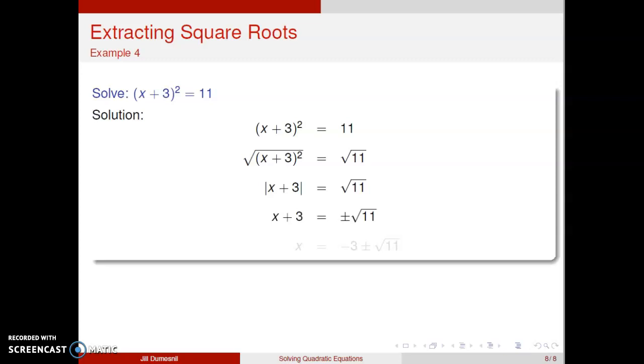Removing the absolute value produces the plus minus. This actually gives two equations, but we're going to keep them written together. Adding -3 to both sides of the equation produces two solutions, x equals -3 plus or minus the square root of 11. It is customary to write expressions involving radicals with other terms or factors in front of the radical to avoid ambiguity.